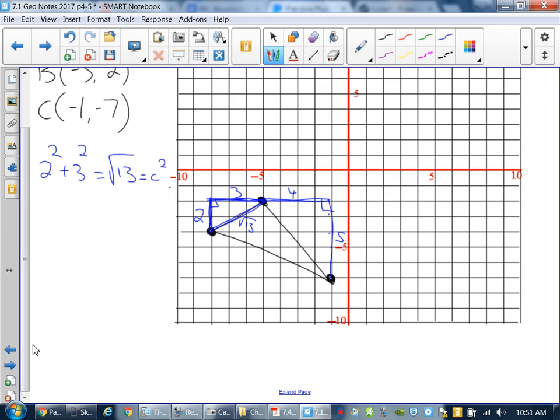So now I have a triangle with side lengths of 4 and 5. They're right triangles, so I have 4 squared and 5 squared. Well, that's 16 and 25, so that means that side length would be root 41. And then I work my way back. 1, little 2, little 3 little spots, 4, little 5, little 6 little spots, 7.